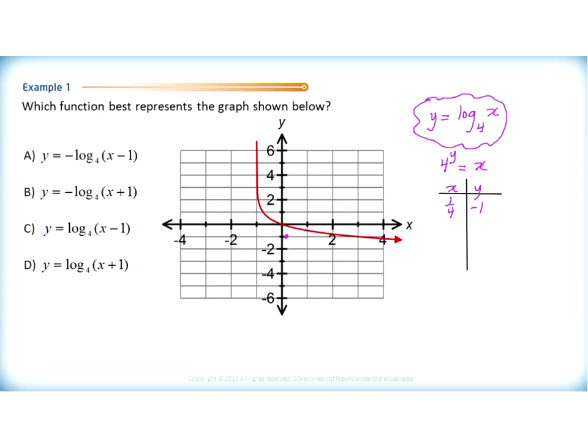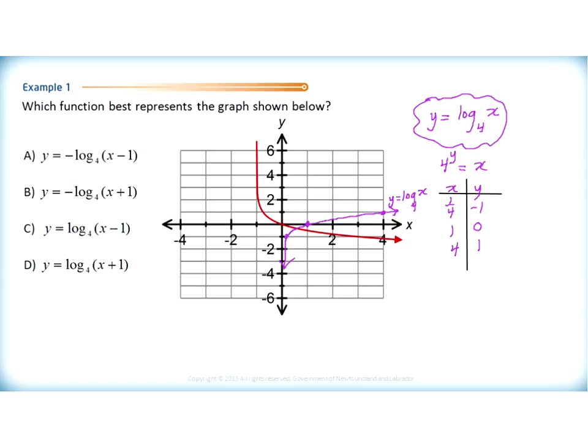If y equals 0, then the value of x would equal 1. If the value of y is a positive 1, x is going to equal 4. So the point (4, 1) would be on your base graph. So just to sketch the base graph for a moment, that's what the graph of y equals the log of x to base 4 looks like.